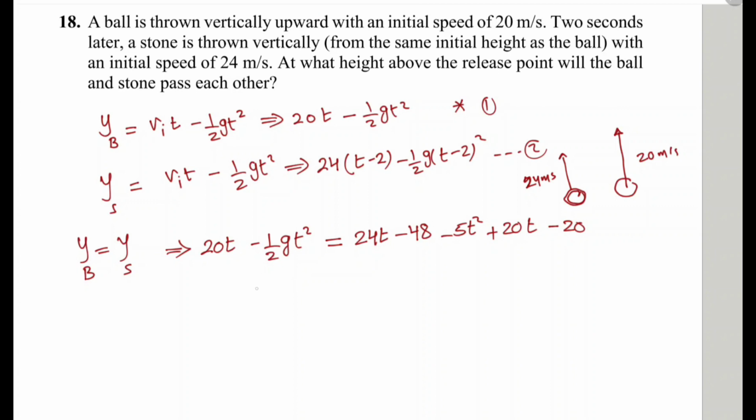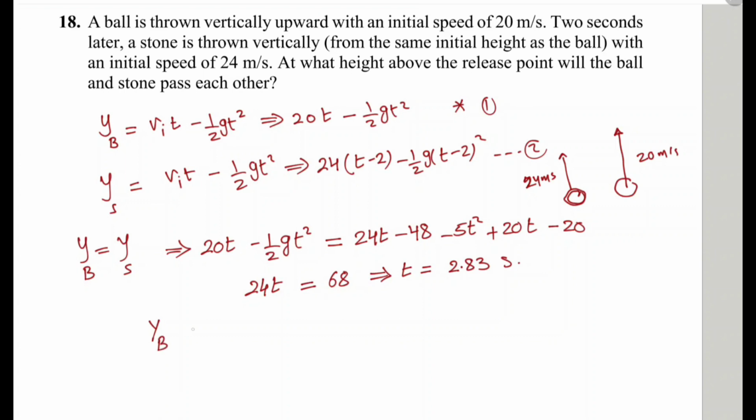You simplify this one here, so 24t equal to 68, or t in this case equal to 2.83 seconds. Now it doesn't matter actually, for yb or y stone, anyone will be good.